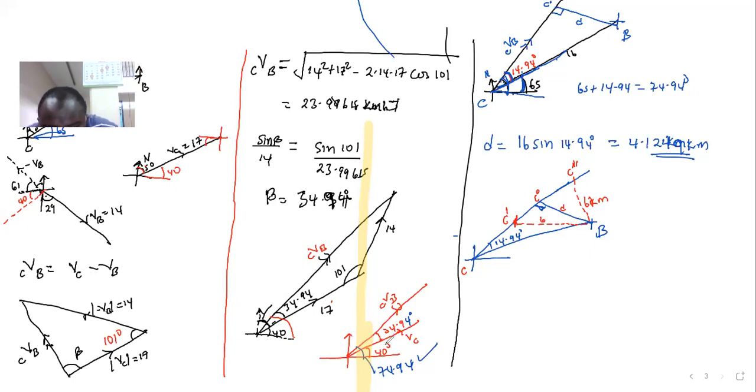Then it means if this is 34, 34.94 gives us what? 74.94. Now, 74.94 minus 65, what do you get? You get 9.94. That's 9 point. Okay, so change this to 9.94. So this is 9.94. Thank you for that.